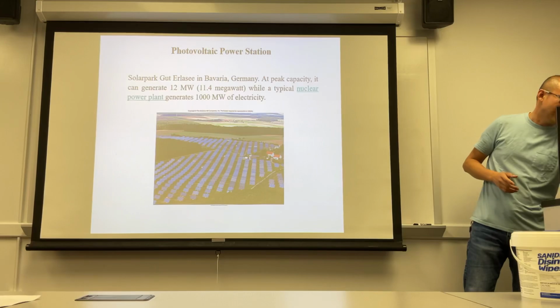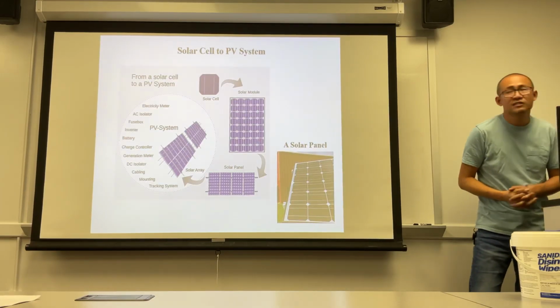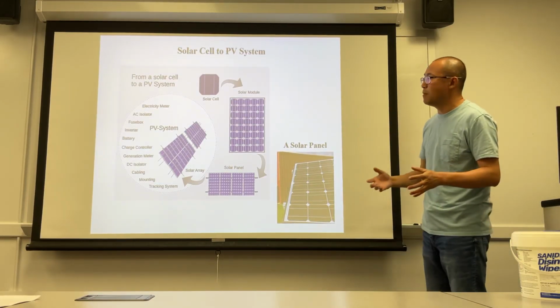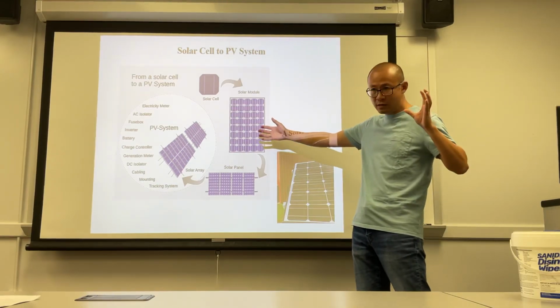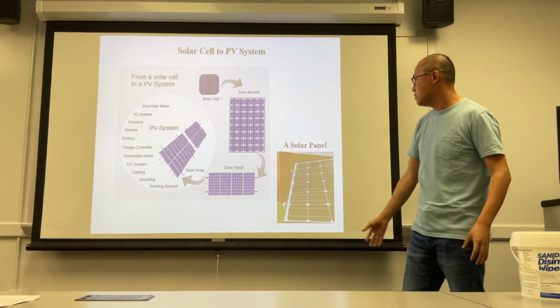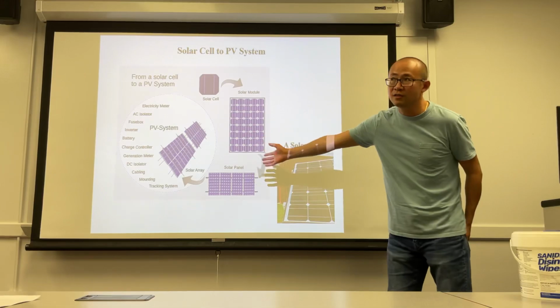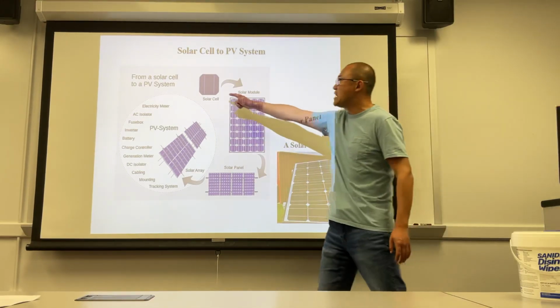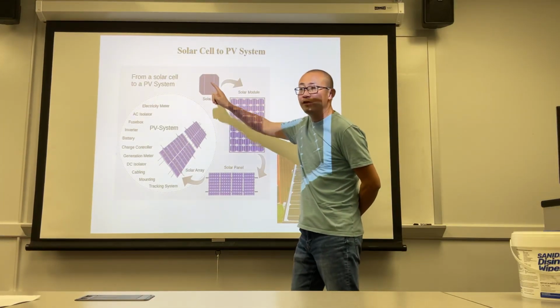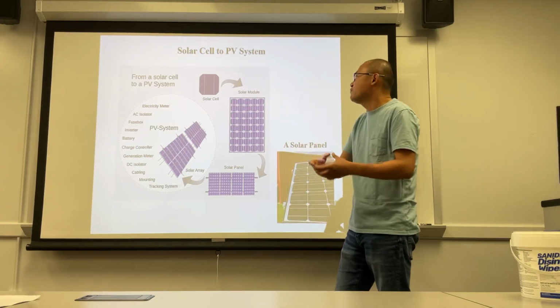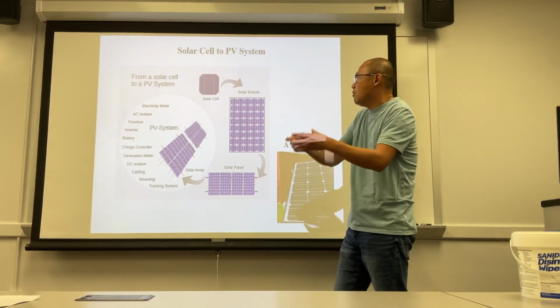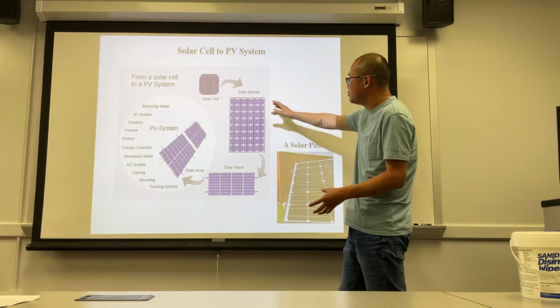But in summary, no matter whether we're using a small device or a large array, all these panels are constructed in this format. They're built by individual photovoltaic cells. The cell is still the unit, a tiny cell. And of course, the cells are arranged together to get a module.